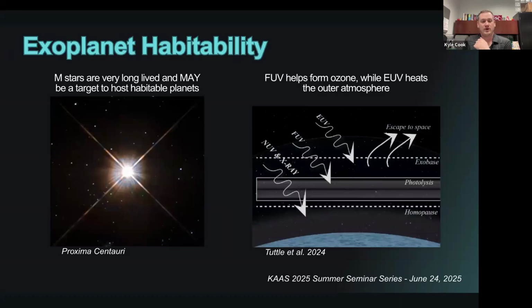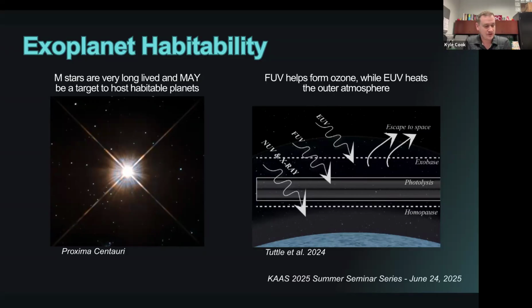Then I'm going to jump all the way over to something much smaller scale, exoplanet habitability. I felt this was a topic we had to touch on, being that the Habitable Worlds Observatory is coming up. So understanding what the UV gives us for habitable worlds is definitely a starting point. There are more science cases in habitable worlds or exoplanets than this, but it's where I wanted to start.